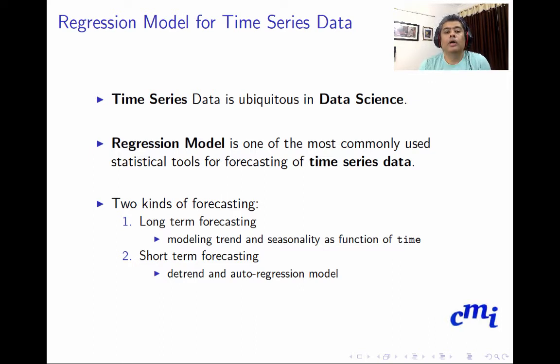However, in short-term forecasting, we use a very different strategy. Typically, we resort to detrending the data, and then we use the recent historical data to forecast the recent future in a short-term horizon, with the hope that the recent historical data and the recent future data will be reasonably correlated.